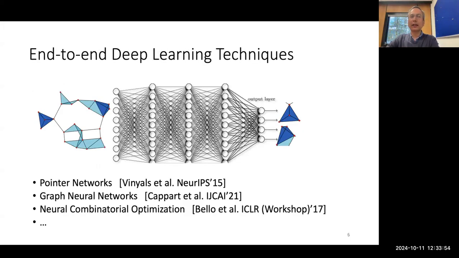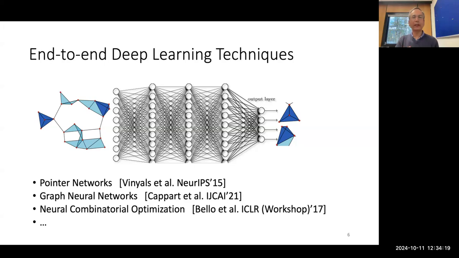Over the last decade, a lot of end-to-end deep learning techniques have been developed for solving combinatorial optimization problems. In this illustration, I'm showing how such a technique can be used for solving a maximum clique enumeration problem. In the maximum clique enumeration problem, we are given a graph, and we want to find all the maximum cliques in that graph.